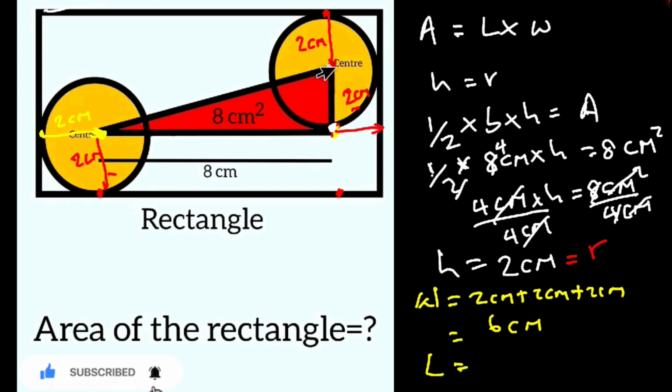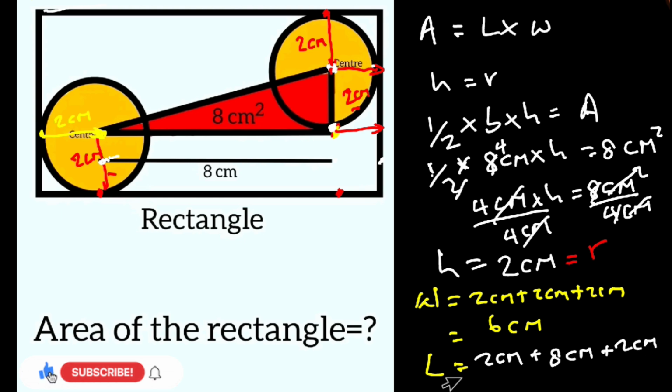Alright, so the length of this rectangle is given as this 2 cm plus 8 cm, plus the radius of this second circle, which is 2 cm. So this is going to be equal to 2 plus 8 is 10, 10 plus 2 is equal to 12 cm.